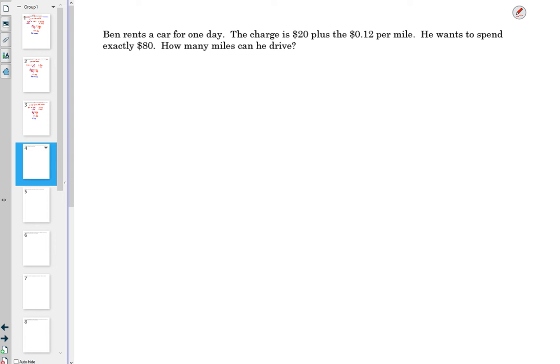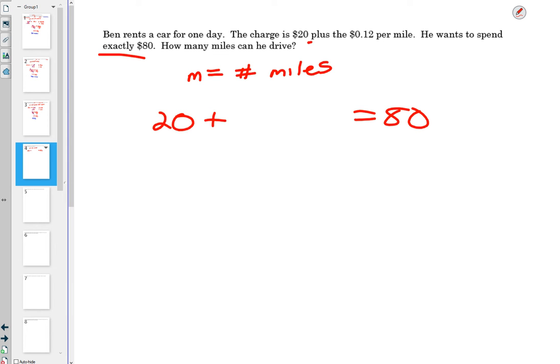Alright, so let M be the number of miles again. We're gonna drive. And they want to spend exactly $80. So equals 80. It's only for one day. The charge is 20 plus. So 20 plus, there's the keyword. And then 12 cents per mile. That's what you should have written.